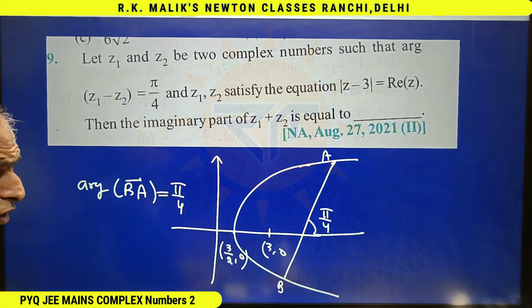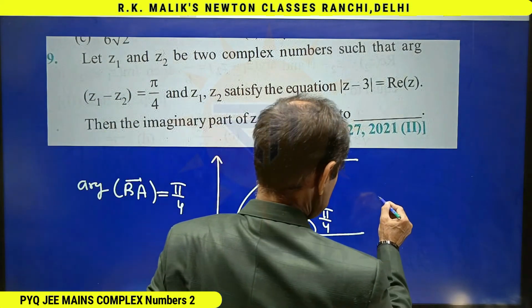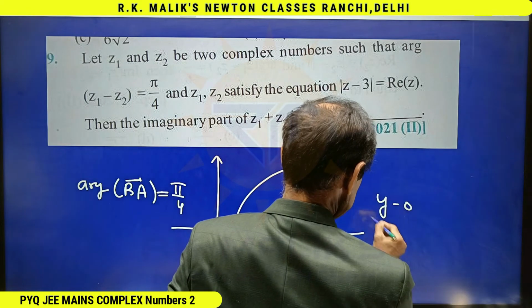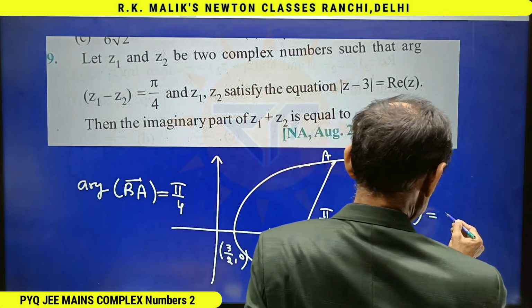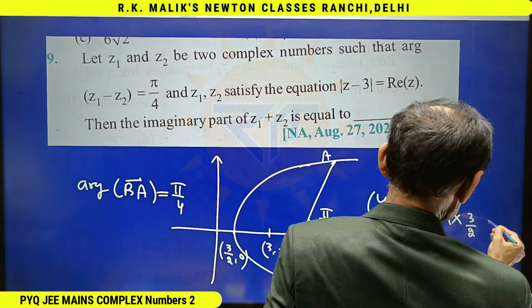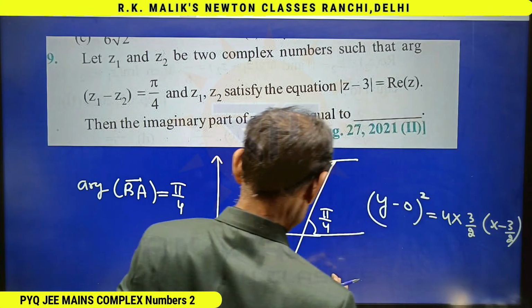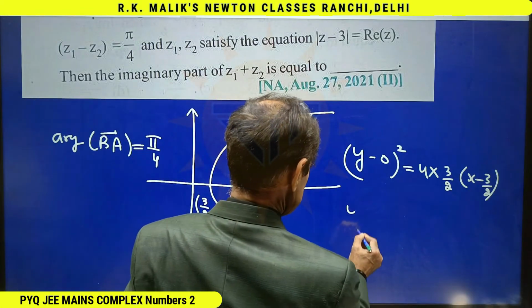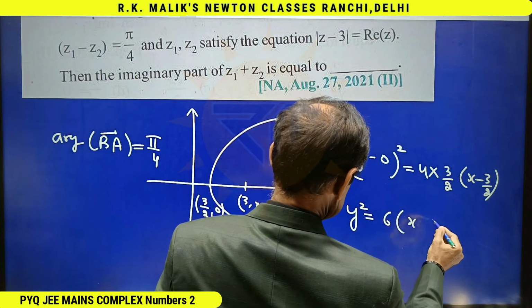Obviously, the equation of this parabola in Cartesian form will be y minus 0 whole square equal to 4 into 3/2 into x minus 3/2. That is, y square equal to 6 into x minus 3/2.